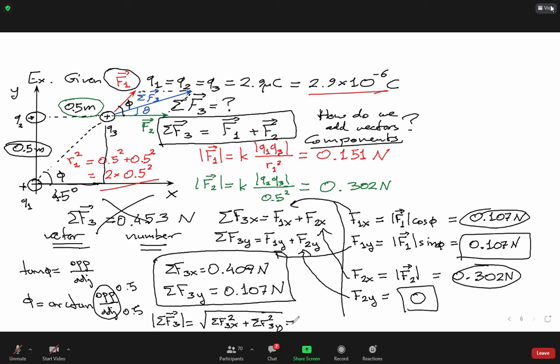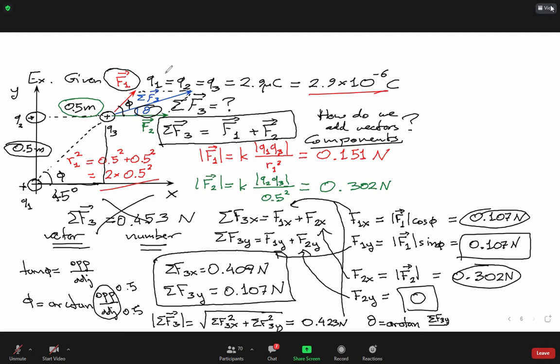And if I plug that into a calculator, I should get 0.423 newtons. And the angle theta, this angle here, is the inverse tangent of the y component divided by the x component.